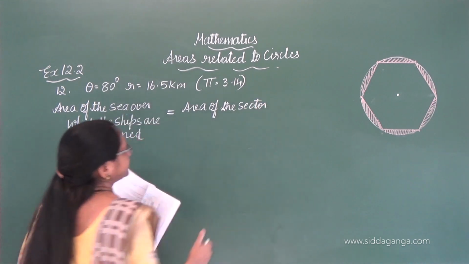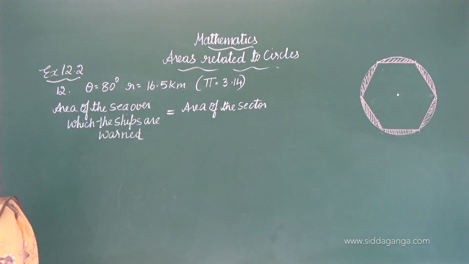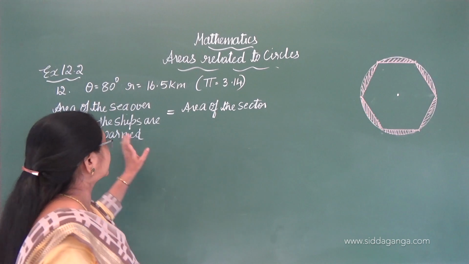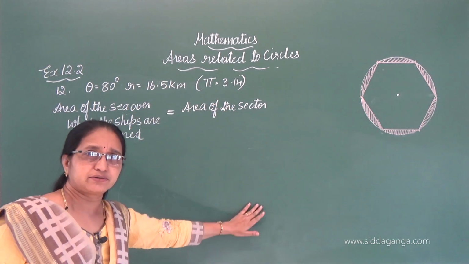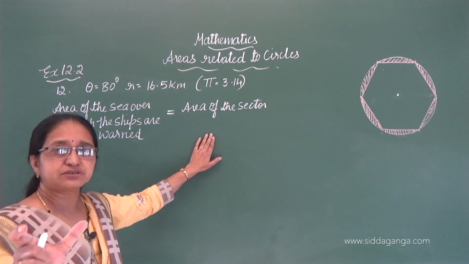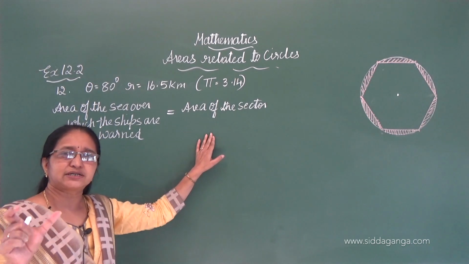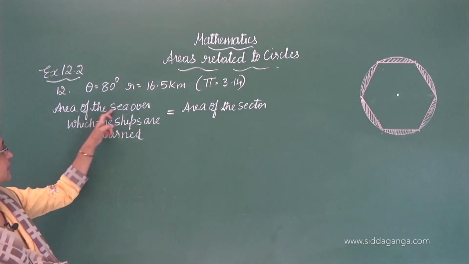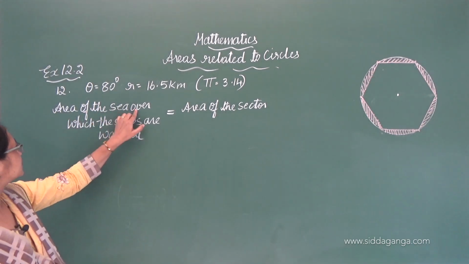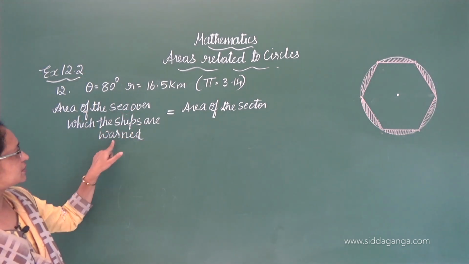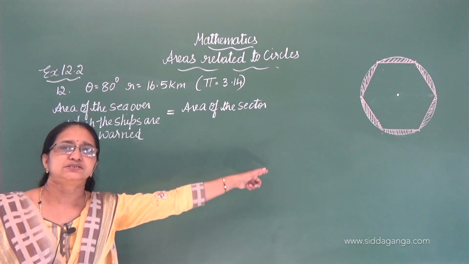So it is nothing but area of the sector. So you have to show this, because directly instead of writing area of the sector and doing it, better see the question, what question they have given in your textbook, and accordingly you can write the statement. Area of the sea over which the ships are warned is equal to area of the sector.